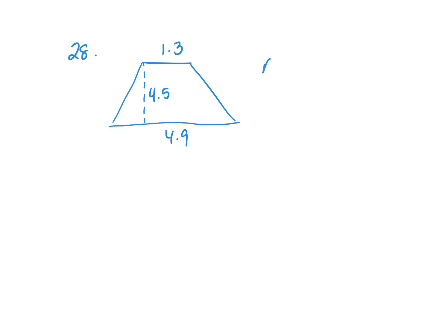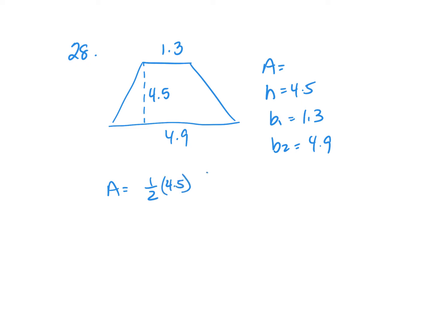Here they want the area, so we don't have the area. We have the height, which is 4.5. Base 1 is 1.3. Base 2 is 4.9. So now we put it in the formula. We have area equals 1/2, and let's put the height in the front like they do in the paper, times 4.5 times 1.3 plus 4.9.